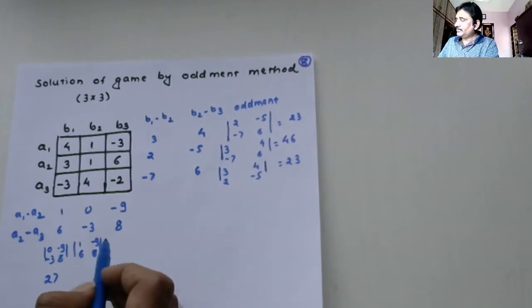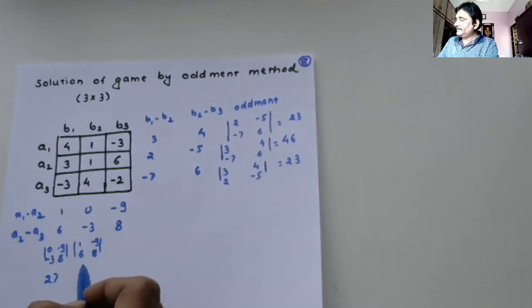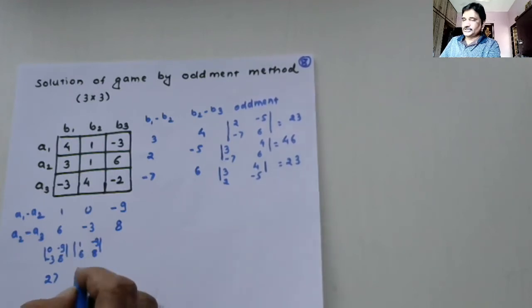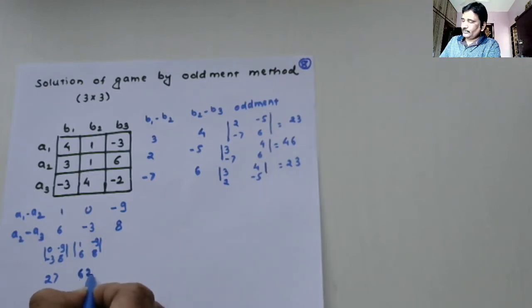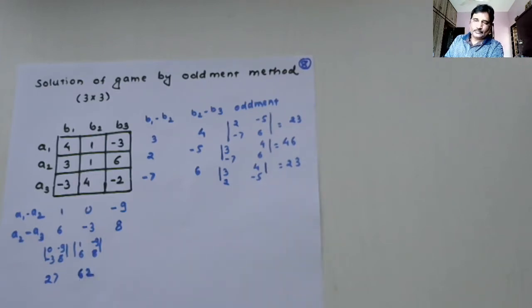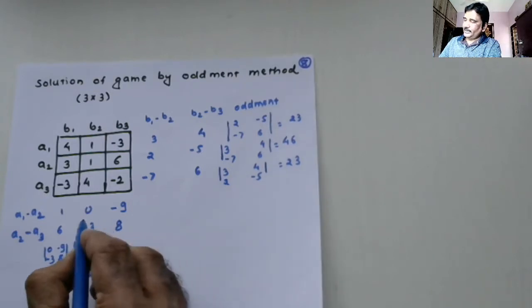Okay, am I wrong somewhere? I'm sorry. 8 plus 54, 62. And lastly, this determinant.